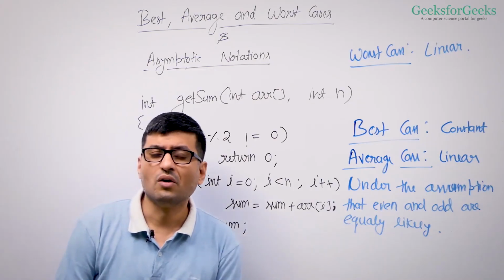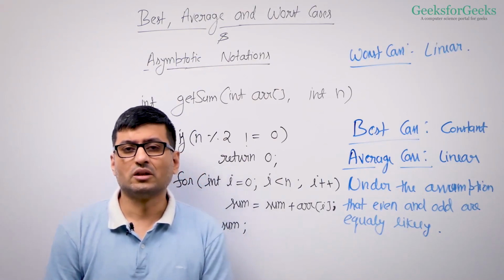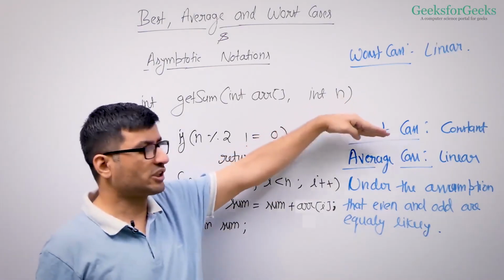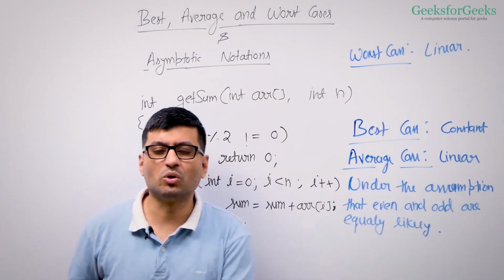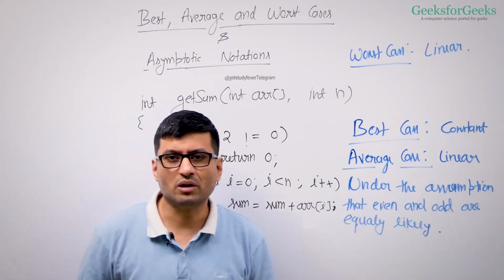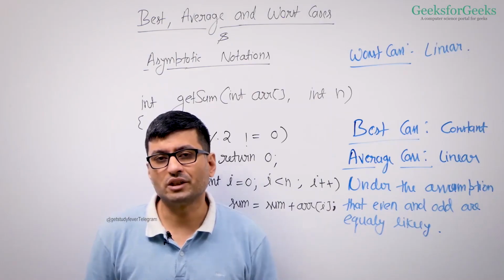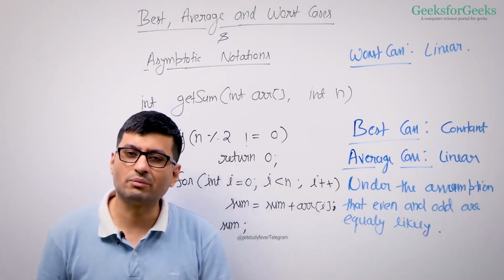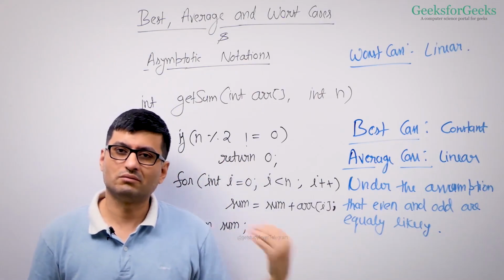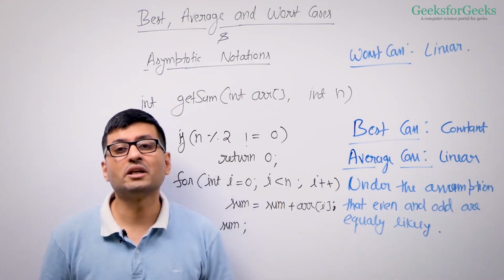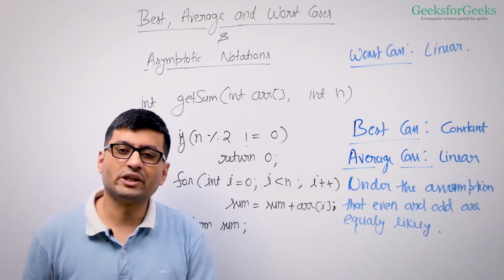In general, when you analyze algorithms, you do not care about best case. It's considered as bogus. The reason is simple. If you build a software and you tell somebody that my software in best case takes 0.001 microseconds, or constant in terms of input size, I do not know about the worst case. It might take hours.